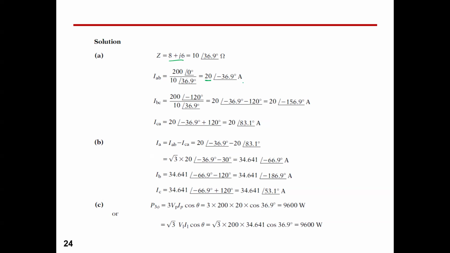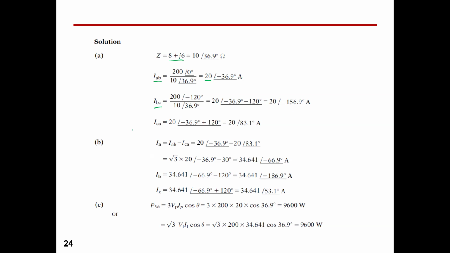Do I need to calculate the other two phases? We don't need to. We can just shift the angle. Since this is IAB, IBC would be 20 at angle minus 36.9 minus 120, which is minus 156.9 degree.